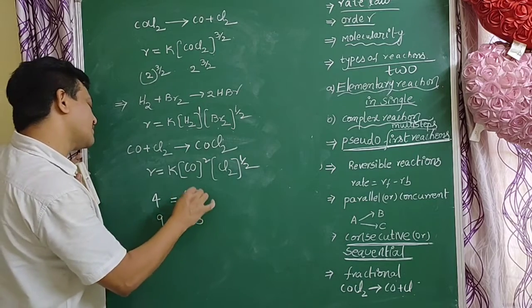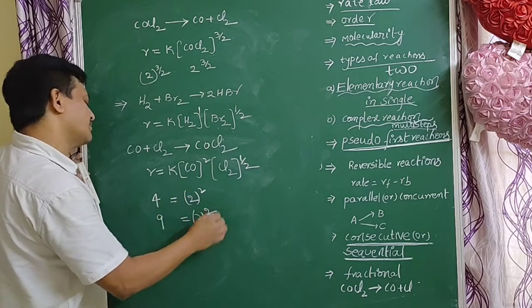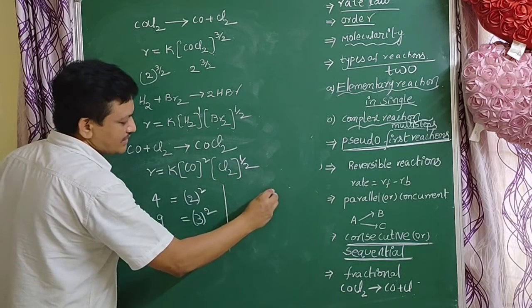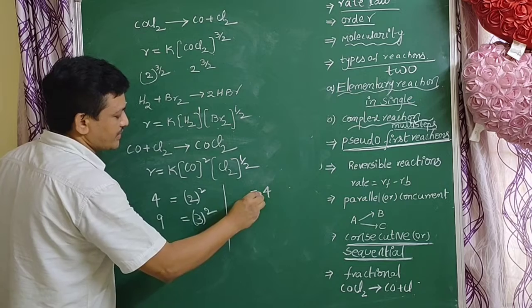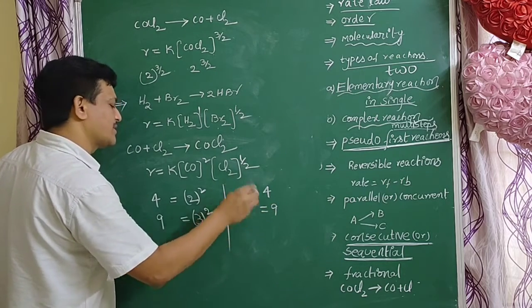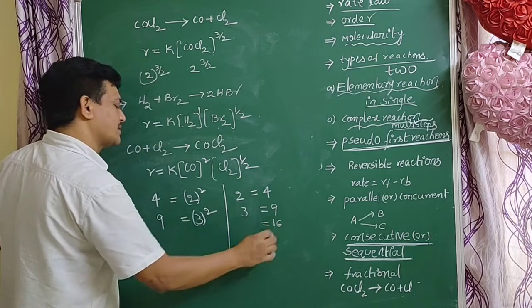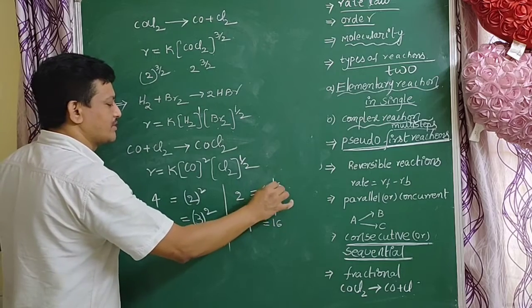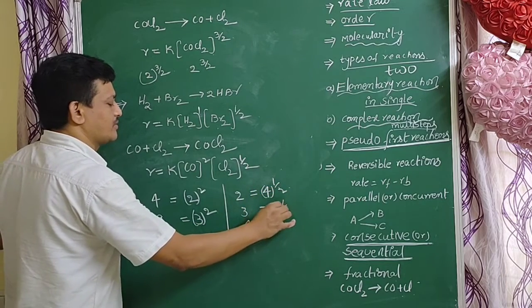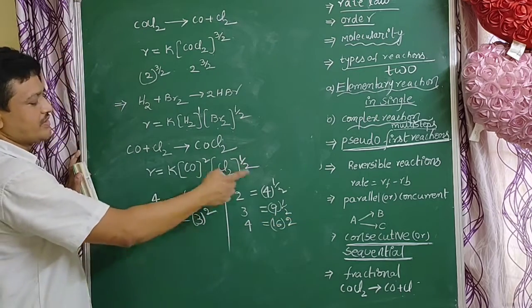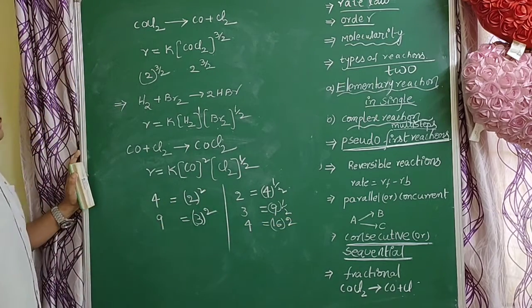That means the power is 2. With CO constant and Cl2 concentration increased by 4 times, rate only increases by 2 times; by 9 times, rate only 3 times; by 16 times, rate only 4 times. That means the power is 1 by 2. Overall order of the reaction is 2 plus half, 2.5. So these are fractional order reactions.